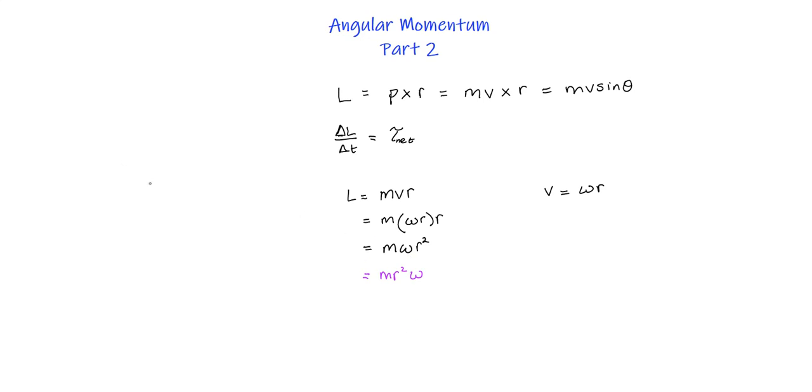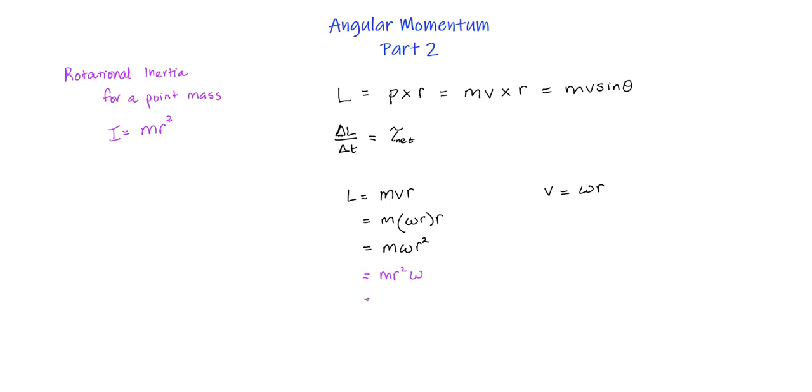Now, if you think back to the idea for the moment of inertia, or the rotational inertia, so that's the resistance to rotate. So the rotational inertia for a point mass, the equation for that was mr squared.